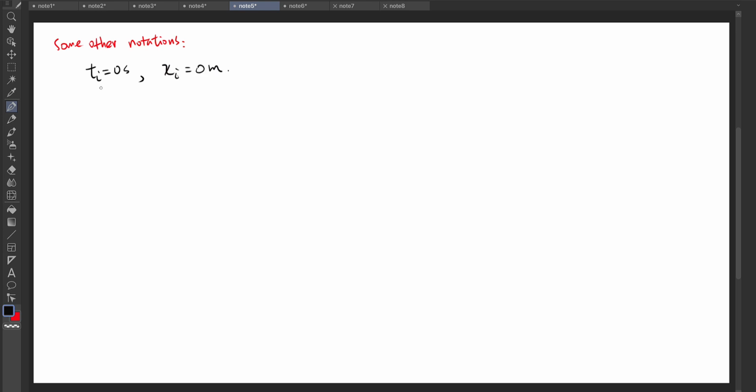Okay, so let's see what kind of equation we get here. Then if you do that, the final velocity is still the initial velocity plus ax. Previously we have t minus ti, right?